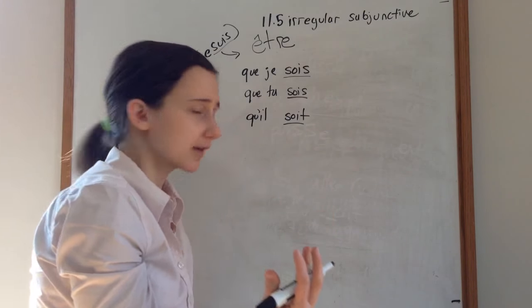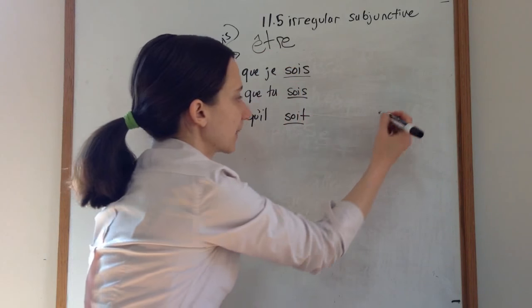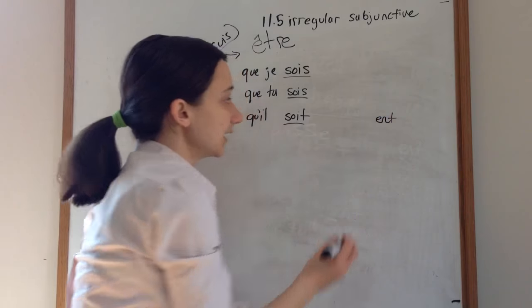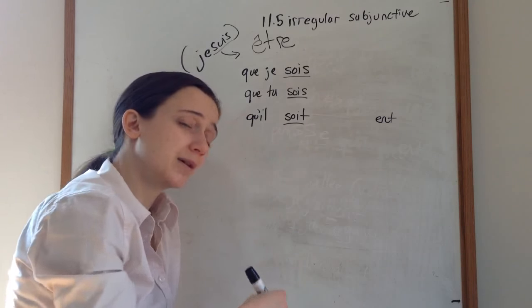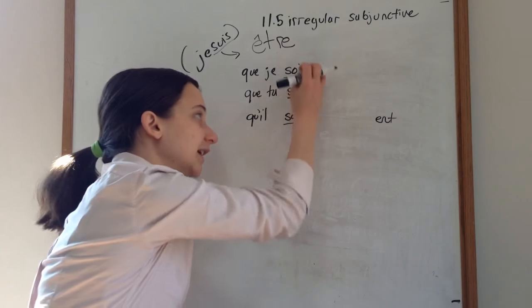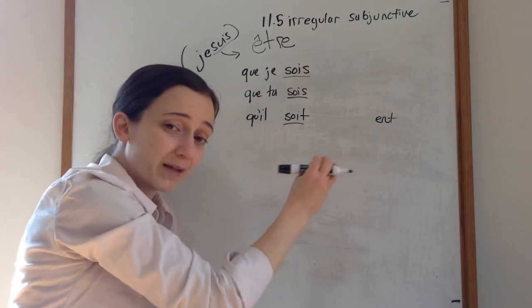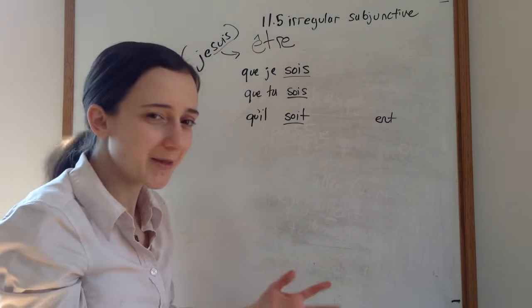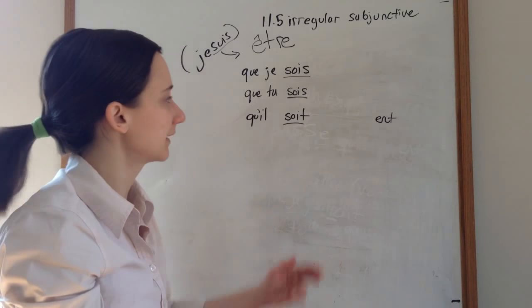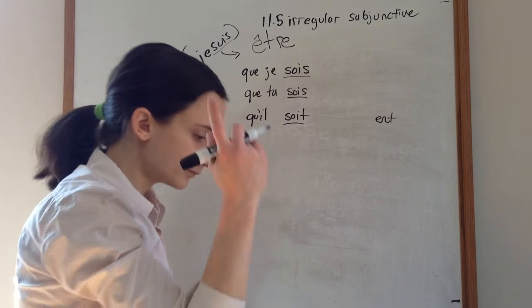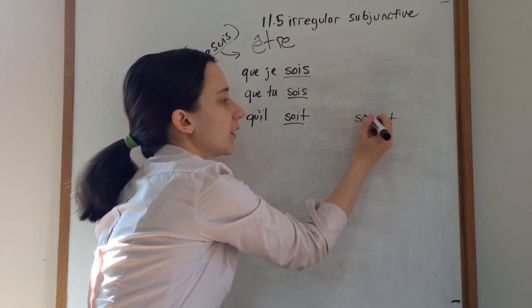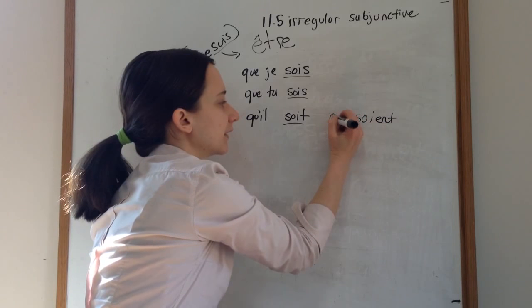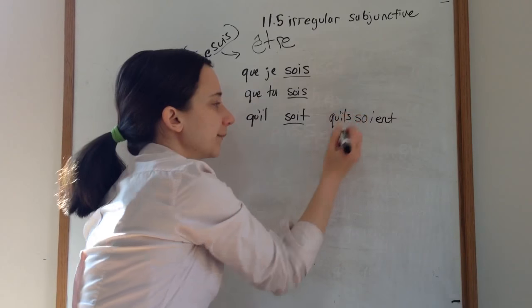Remember those RE verbs that have the S, S, T? We usually still have ENT. Same here. Now see how this is different though than the subjunctive that we've been learning? E, ES, E, ENT. But we replaced it with a pattern that you kind of are familiar with. S, S, T. Look, sois, sois, soit, soient.